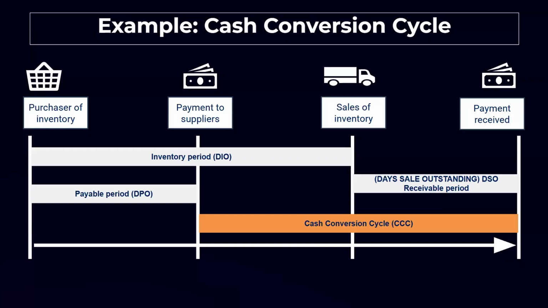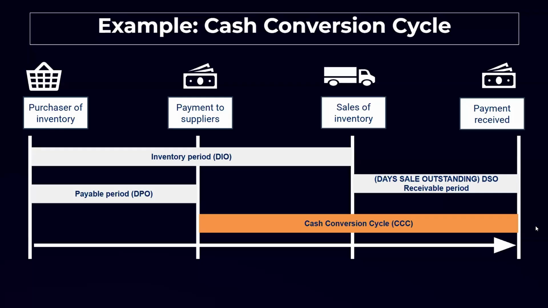At this point in time, payment to suppliers is when the cash went out of the business. So what this means is the owner of the company will have to bring in additional cash or utilize their letter of credit.